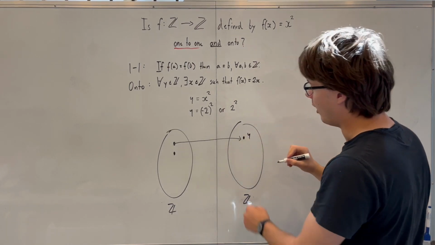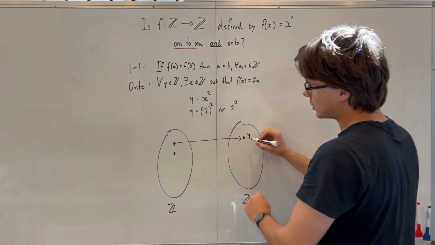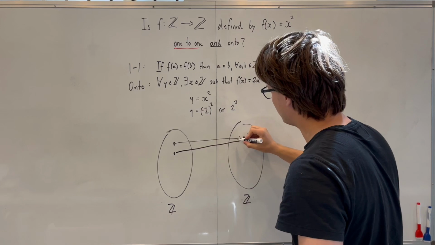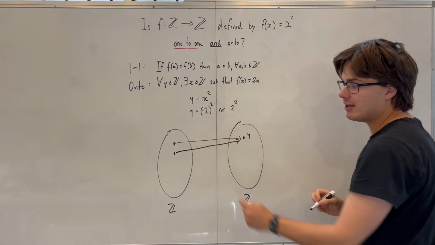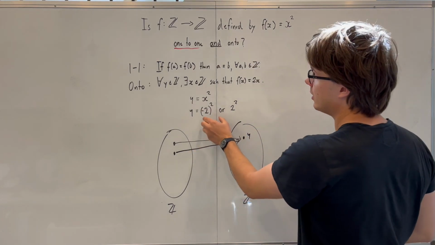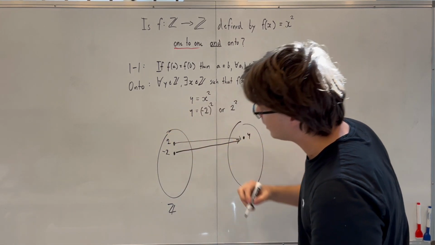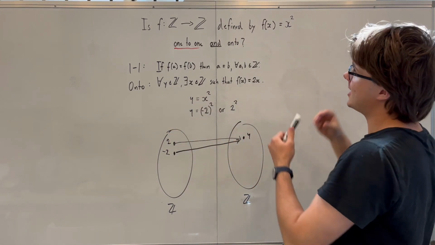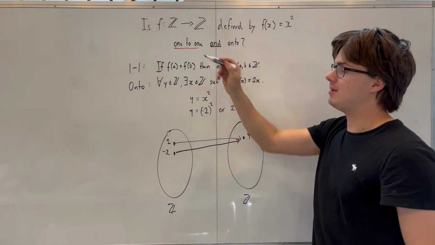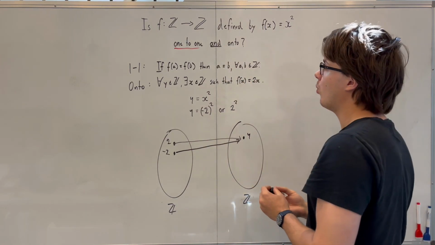But as we see here, 4 can be traced back to 2 separate inputs. So this is not one-to-one because we can have an input of 2 or an input of -2.